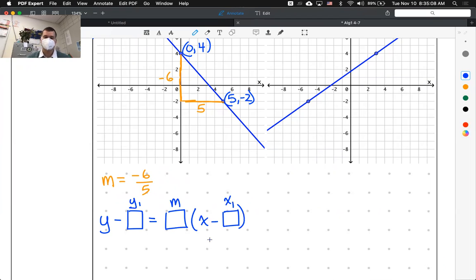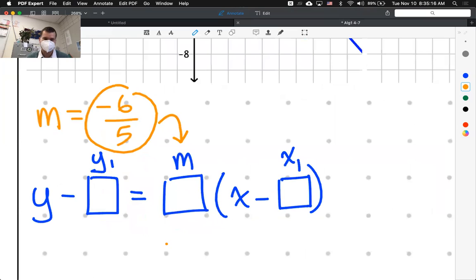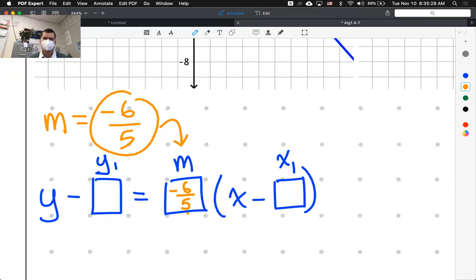We already have the slope. The slope is -6/5. We can plug in -6/5 into our slope down here. Now I just need to choose a point and plug it in here, and I'm basically done. What point do you want to plug in? Someone help me.